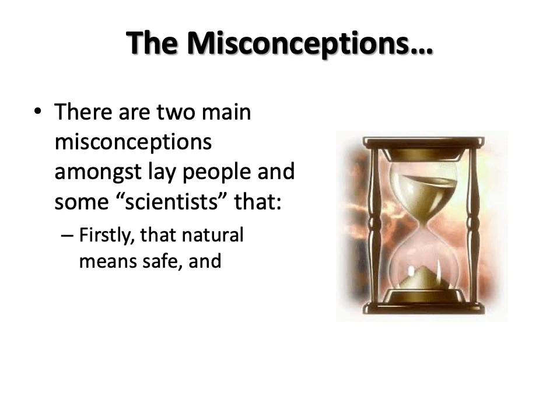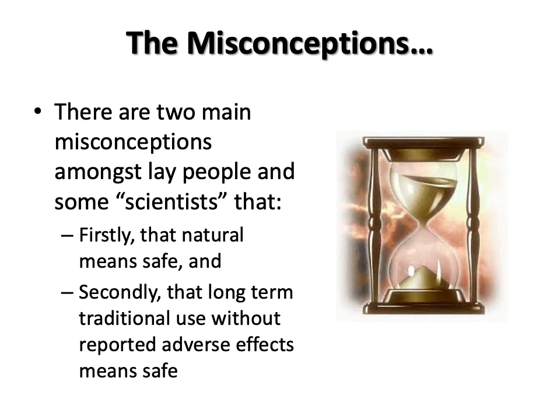That's number one. Then the second misconception is that just because a plant has been used for a long period of time traditionally, without any reported adverse effects, and in this case, it's ordinarily referring to acute adverse effects, therefore, the assumption is that that plant is actually safe.